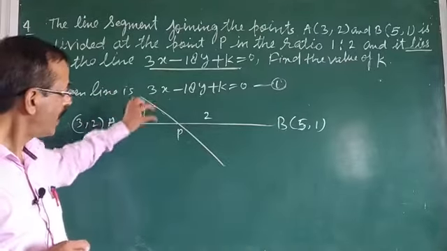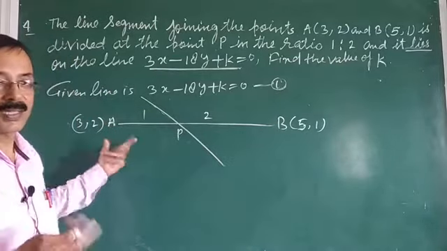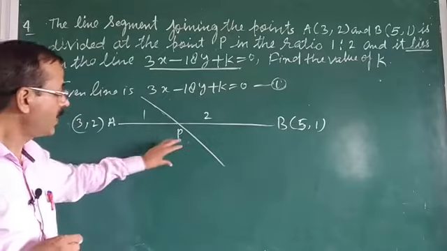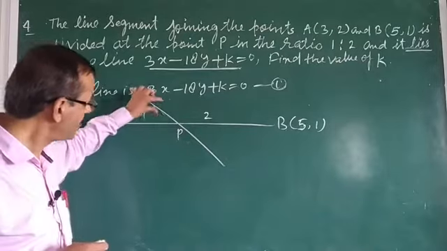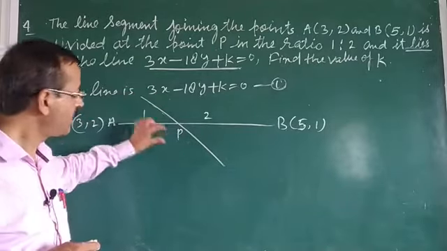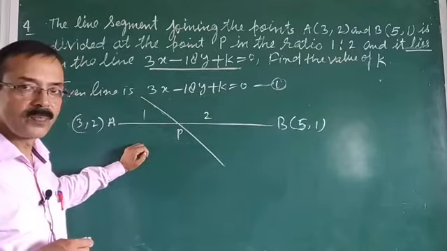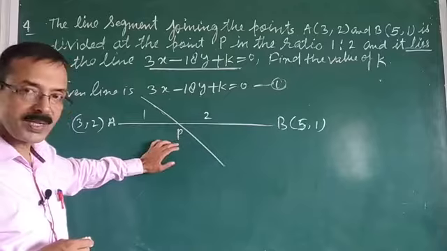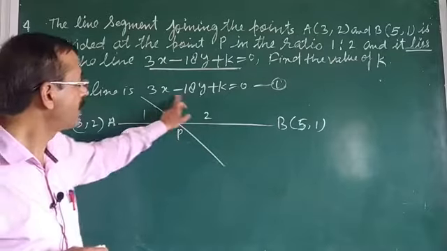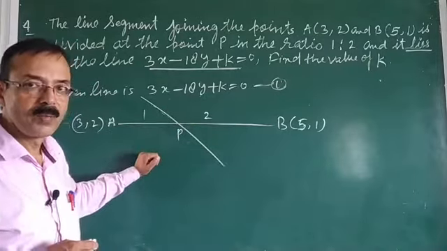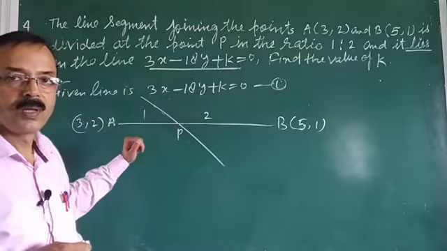P will be on both lines, but what is the proof? If P lies on this line also, P should satisfy the equation of this line also. Putting the x value and y value of P in this equation, the value should come 0.